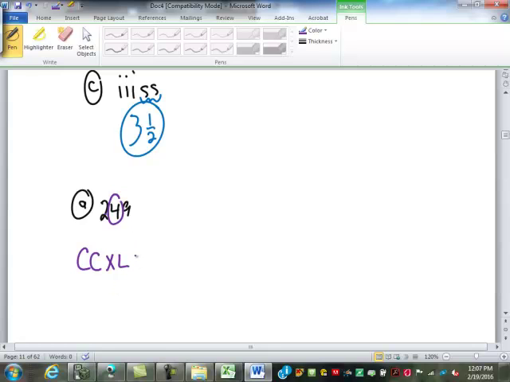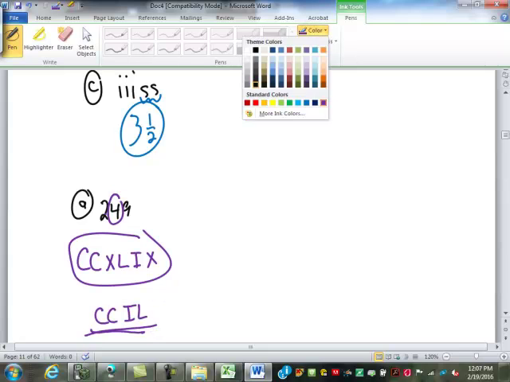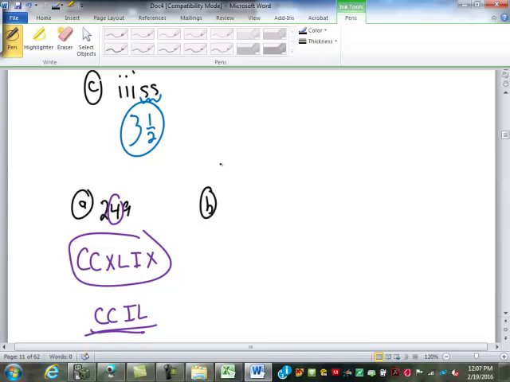And then my 9 is IX, 1 from 10. Now, a couple of people did this, CCIL. 49 is 1 less from 50, so they put an I in front of the L to subtract 1 from 50. I accepted that, but technically it's poor grammar for Roman numerals. We only subtract from one order of magnitude.